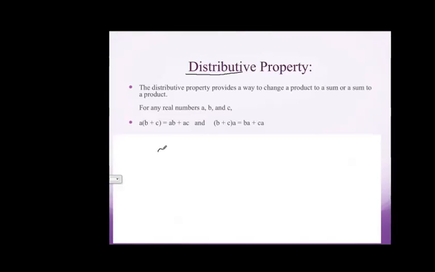So if I want to take 2 and I want to multiply this by 3 plus 1, I'm saying that I can take 3 plus 1 and get 4, and I can multiply 2 times 4, and my answer would be 8. I also could have distributed this 2 in here to say 2 times 3 plus 2 times 1, and I would have gotten 6 plus 2 with the final answer of 8.